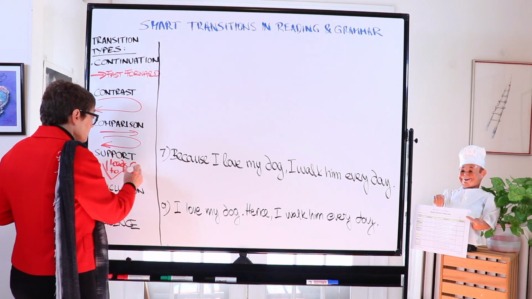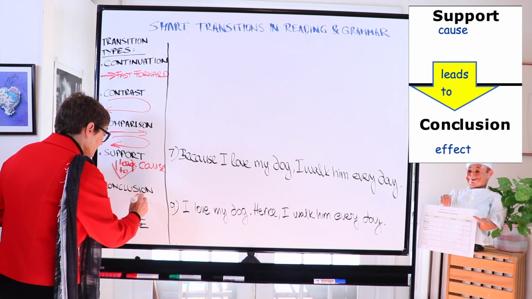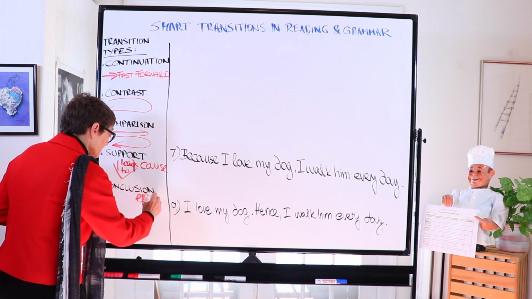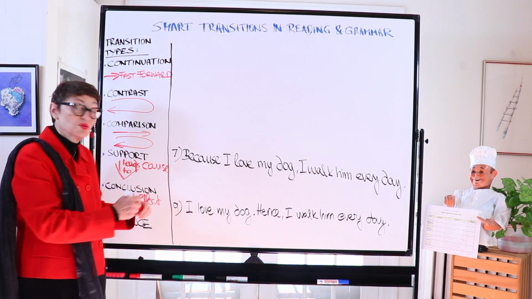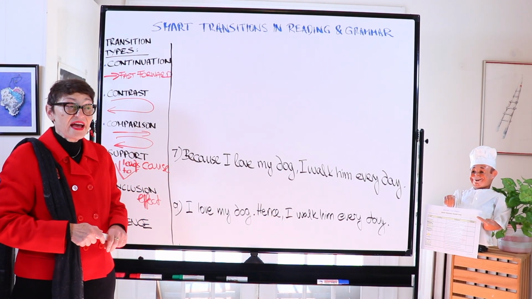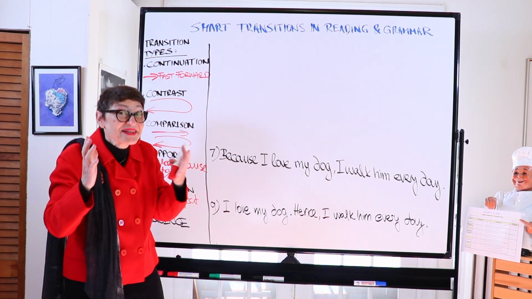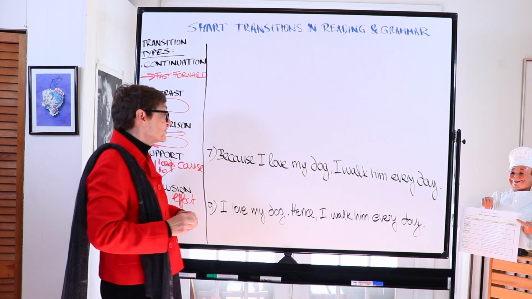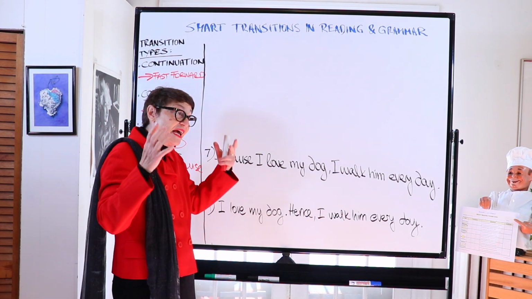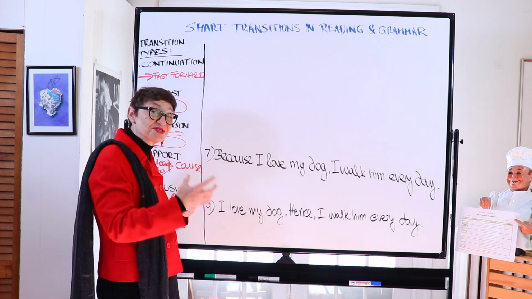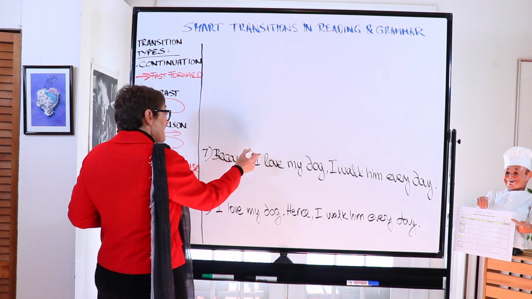Another word for support would be cause, and another word for conclusion, we can use effect. We want to see how cause leads to effect in a sentence. And again, this is highly logical, mathematically logical. And so for those of you who struggle with language but do so much better in math and science, here you go. This is a really logical approach to language. You're going to love this. Let's look at it.